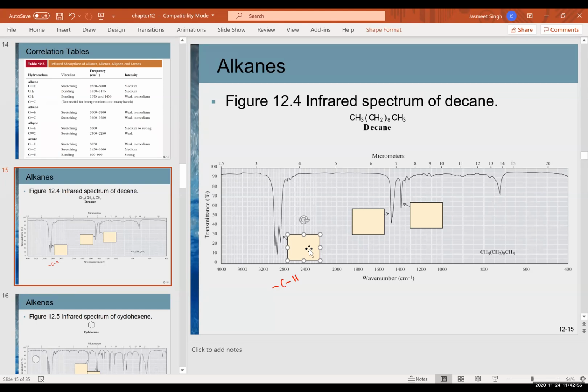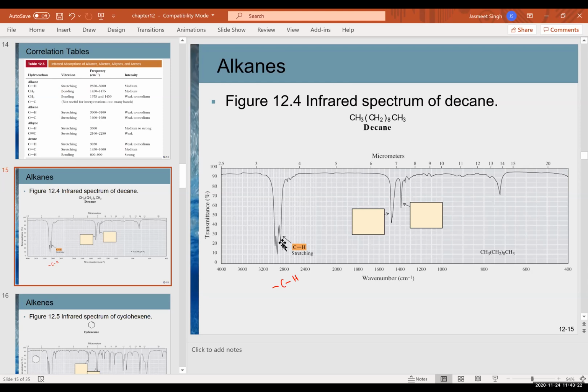So at 2800, the peak is CH stretching. And look at this characteristic pattern. You see there's one sharp peak that is characteristic of CH in alkanes.